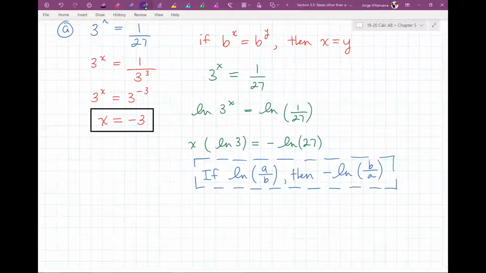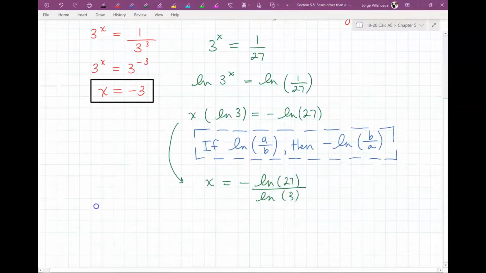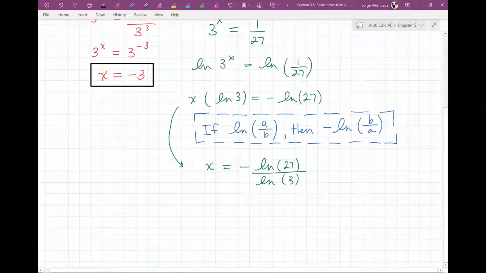Anyway, continuing with what I was doing, I'm going to divide both sides by ln of 3. So x is equal to negative ln of 27 over ln of 3. Now just so you guys know, ln of 27, that's the same as 3 ln of 3. I'll show you. Usually you just punch this into your calculator, but just so you can see.